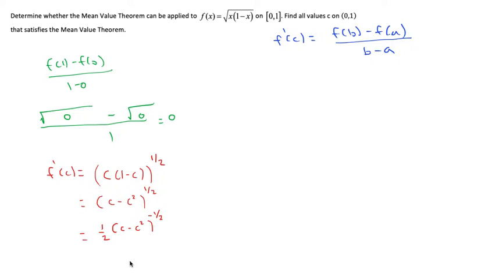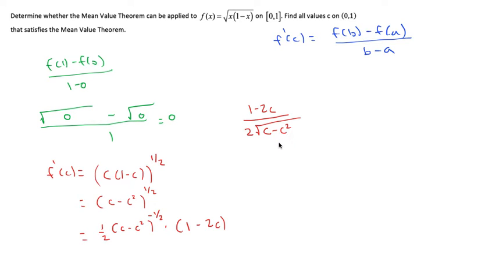By the chain rule, we multiply by the derivative of the inside: derivative of c is 1, derivative of c squared is 2c. Let's rewrite that. We get 1 minus 2c all over 2 times the radical of c minus c squared.